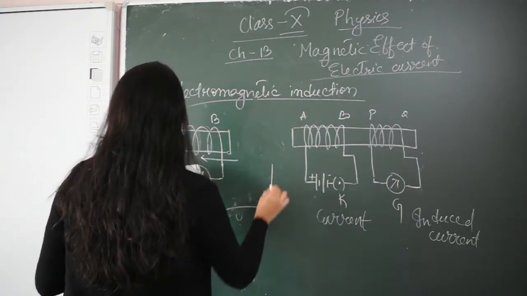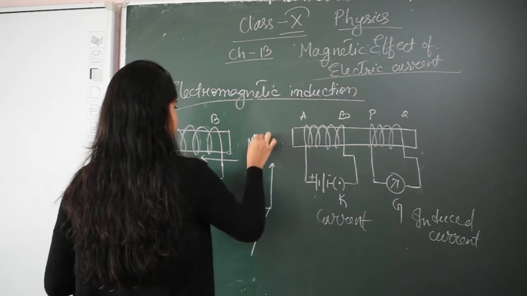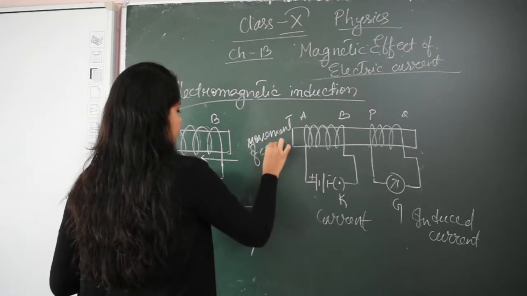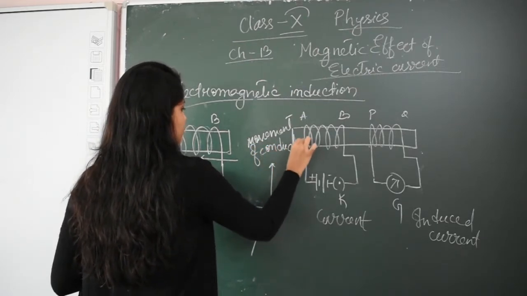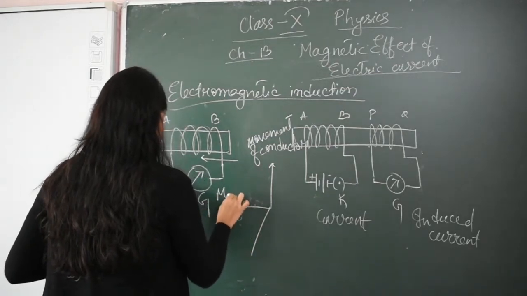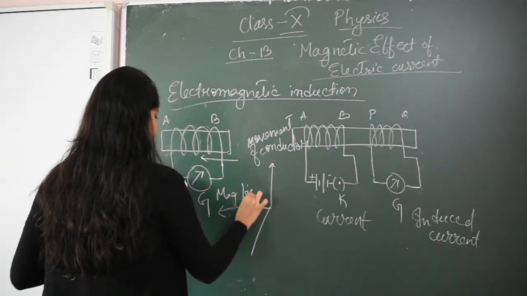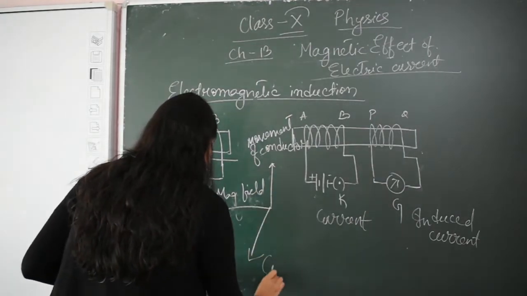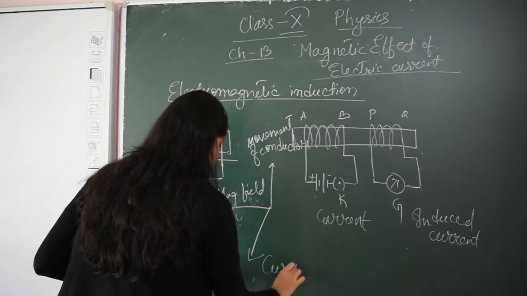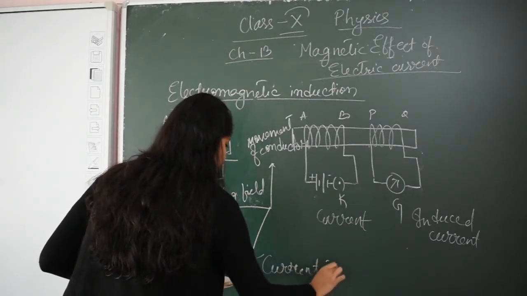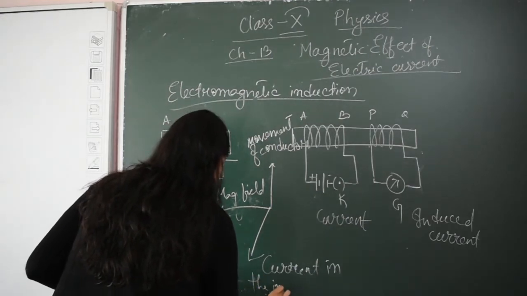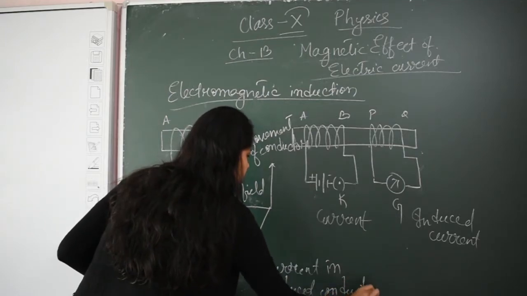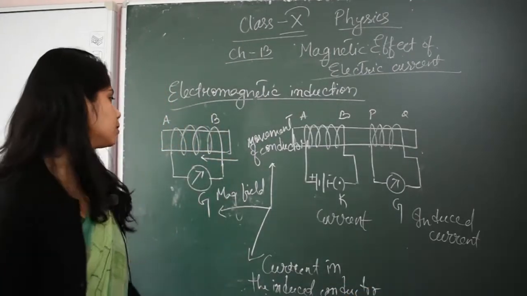Here we have seen this is the movement of the conductor, this is the magnetic field, and here we are getting the current in the induced conductor. So here it is in Fleming's right hand rule.